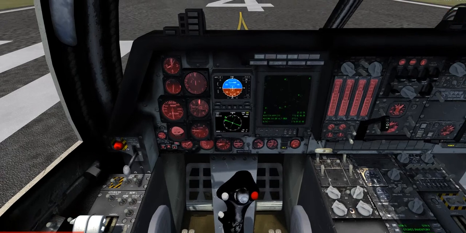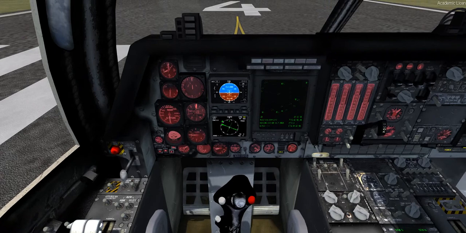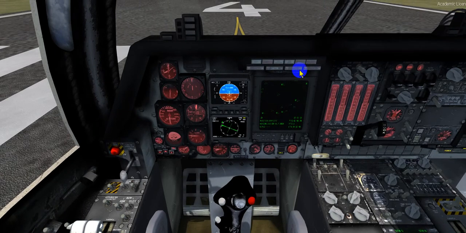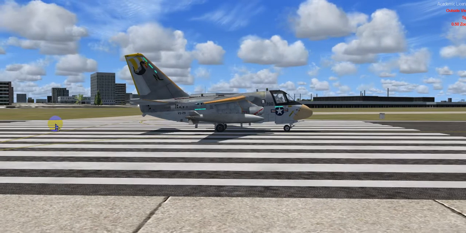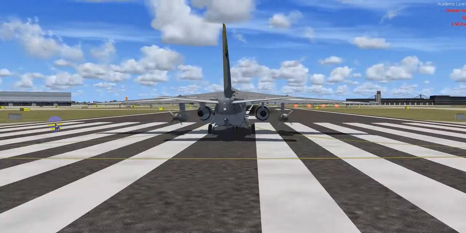Let me just rearrange this window a little bit.